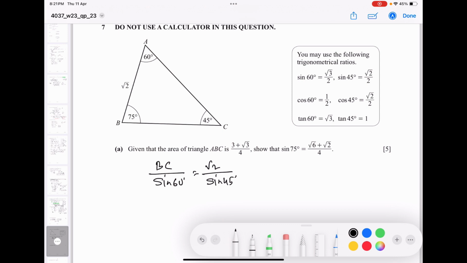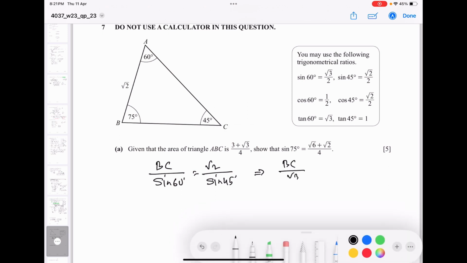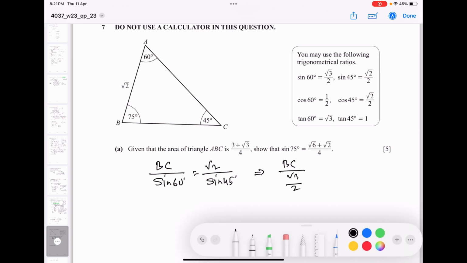Okay, sin 60 is root 3 by 2, and sin 45 is root 2 by 2. Fine.